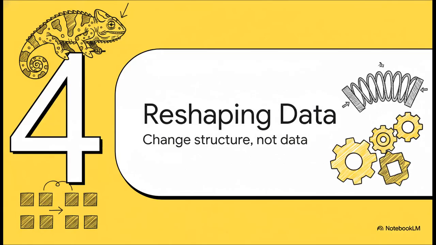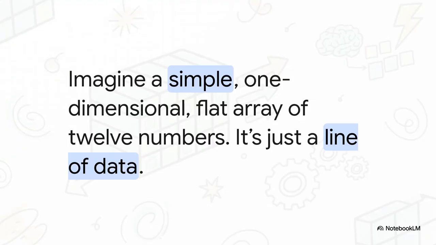But wait, there's more. NumPy isn't just about raw speed. It's also about incredible flexibility. Let's check out another one of its superpowers, the ability to reshape data in an instant. Okay, so let's say you start with this. Just a simple, flat, one-dimensional line of 12 numbers. Nothing fancy, just a list of data.